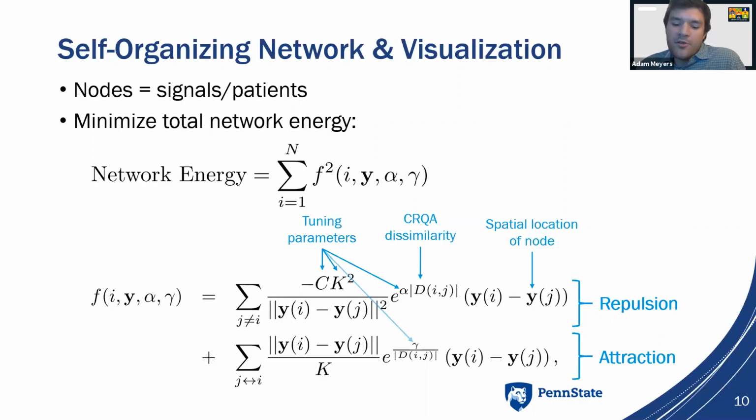Once we have performed the cross-recurrence quantification and come up with a dissimilarity matrix based off of that, then we can perform the self-organizing network. In this network, the nodes represent signals or patients. What this self-organizing network does is it looks at all pairs of nodes, and between each pair of nodes there's an attractive and a repulsive force.